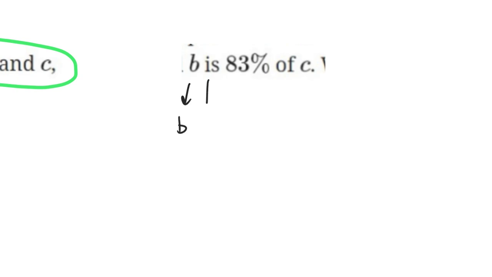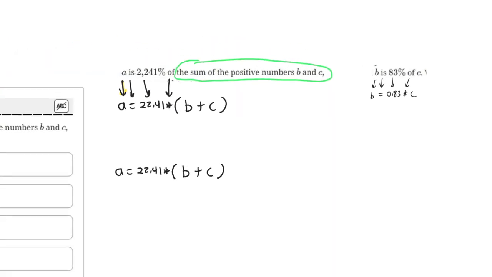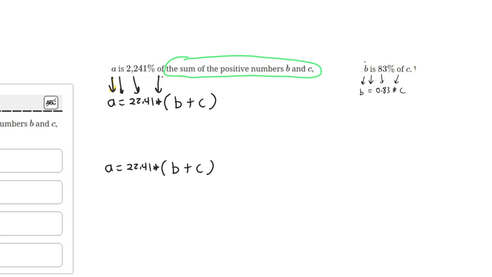B is just B, is equals. This is as a decimal, moving that decimal to the left twice. Of means multiply, and C is just C. So that is another potentially helpful equation. Okay, so we have two equations here.